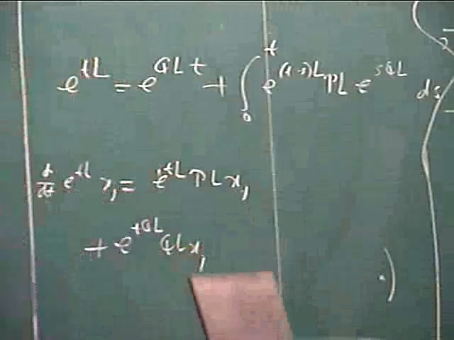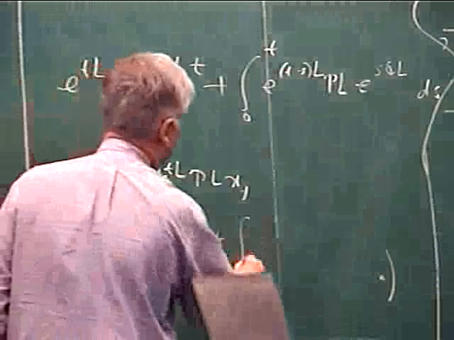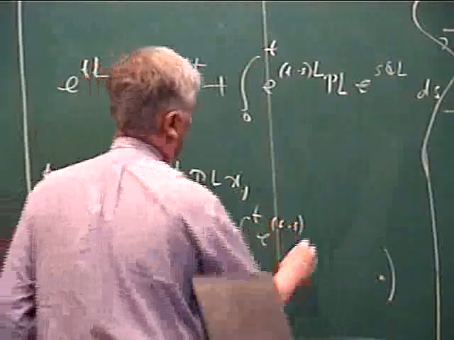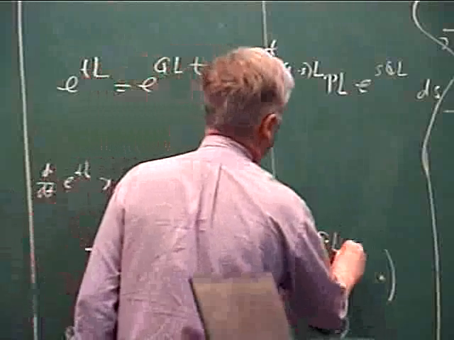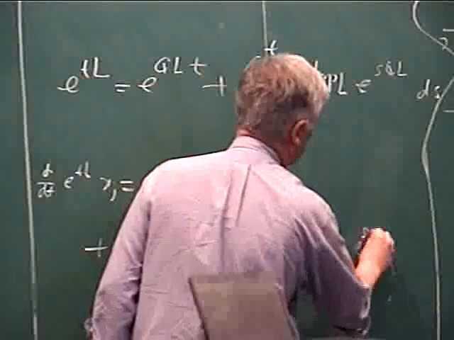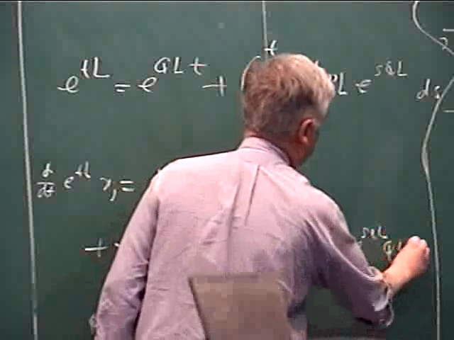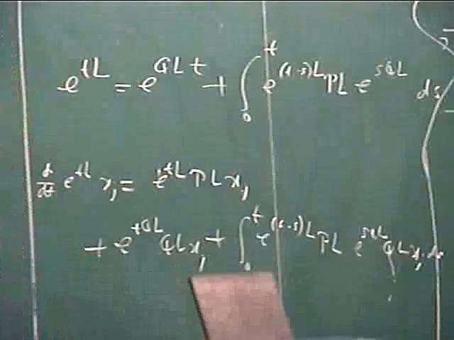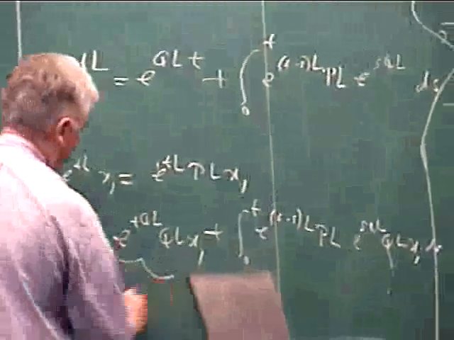That's because of this object here. Plus integral from 0 to t of e to the power (t minus s)L times PL times e to the power sQL times QL xj ds. Okay? And one can easily show that the P acting.